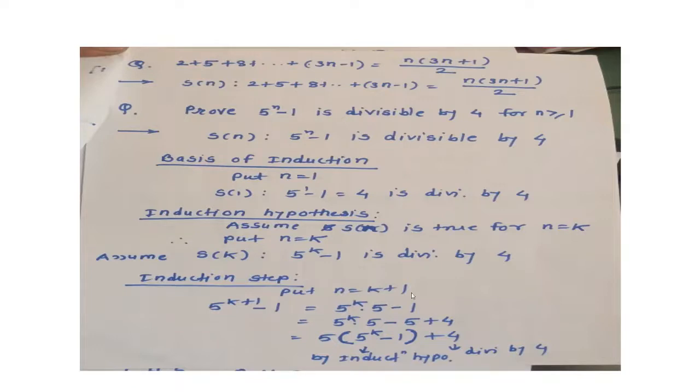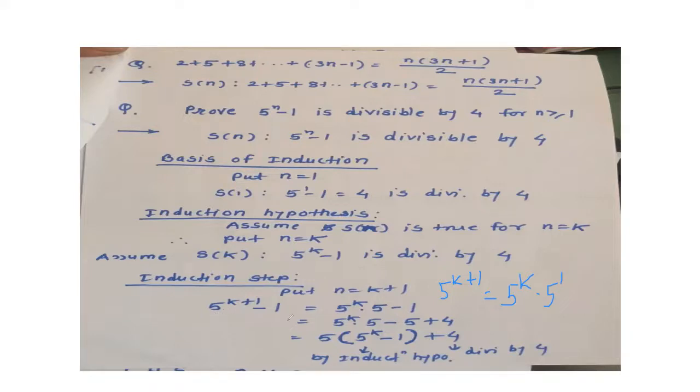You have to make some adjustment here. What is 5 raised to k plus 1? We can write it as 5 raised to k into 5 raised to 1. The meaning is the same.